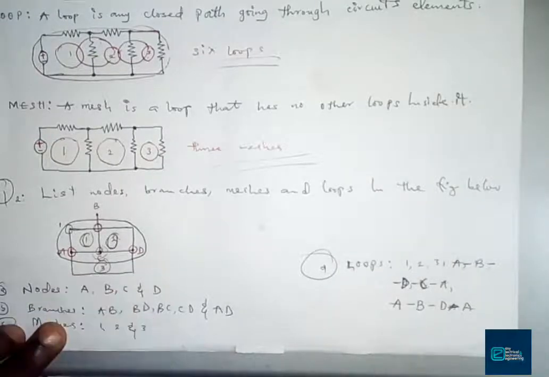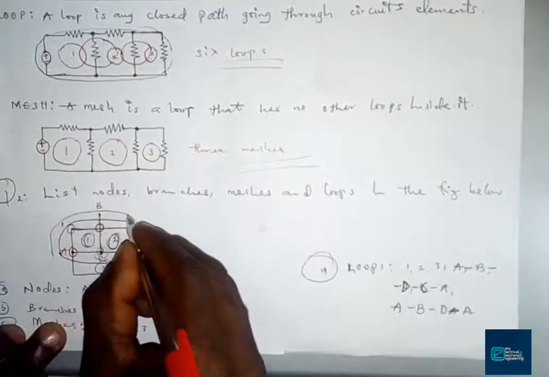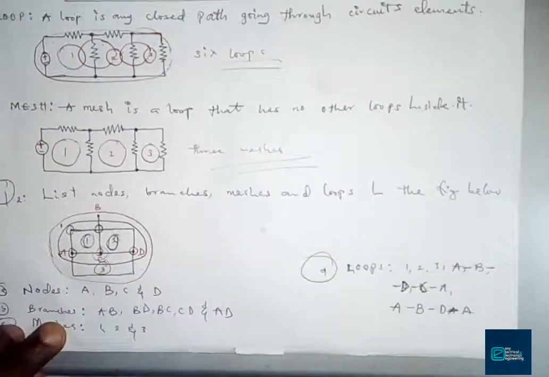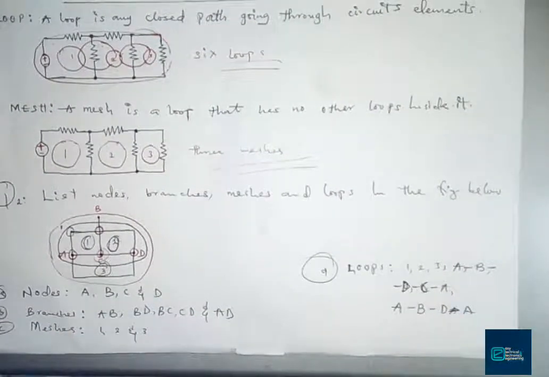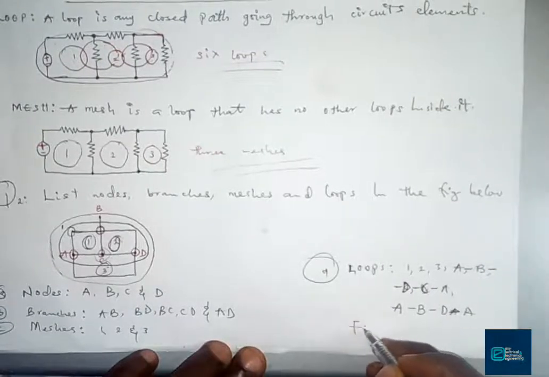So we have the last one. Let's use our red pen: from A, B, D, and to A. That is the last part of it. So how many loops do we have there? We have one, two, three, four, and five. In this case, we have five loops.